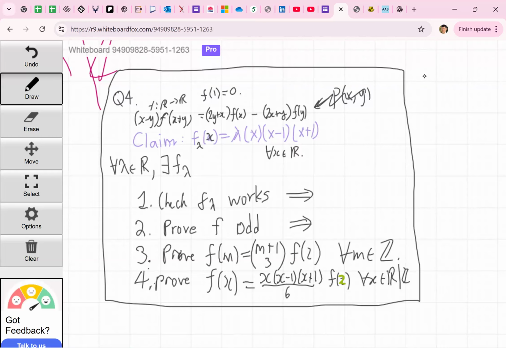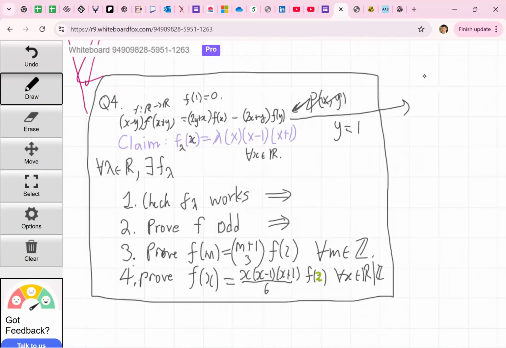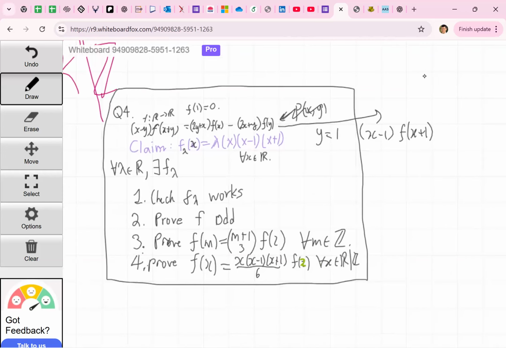The main thing I'm trying to avoid is this: we're using this equation, taking y equals 1, and the equation is (x minus 1) f of (x plus 1) equals (2 plus x) f of x.